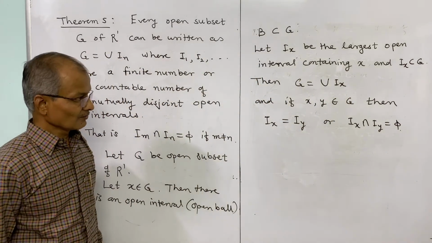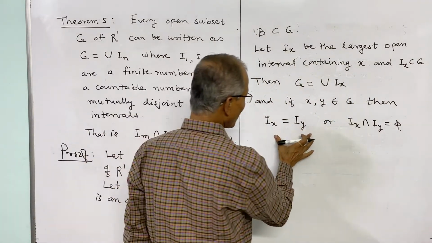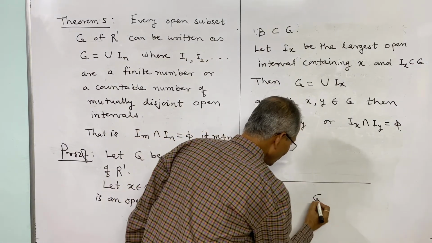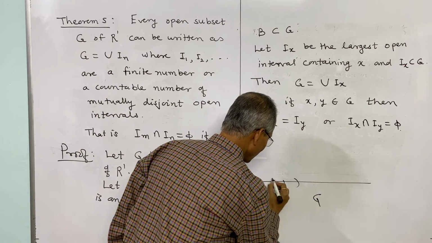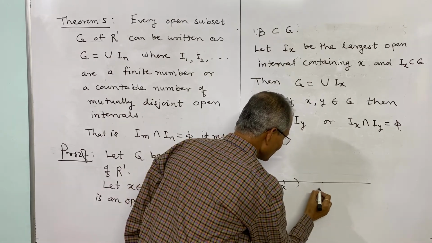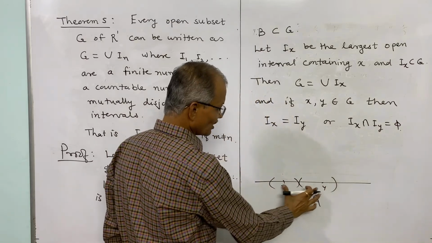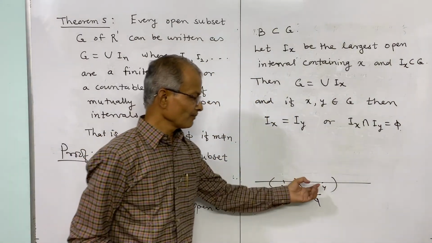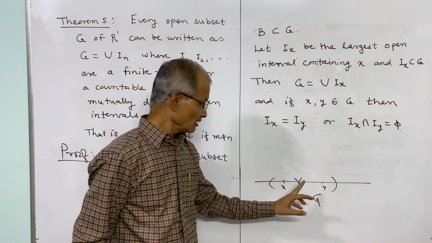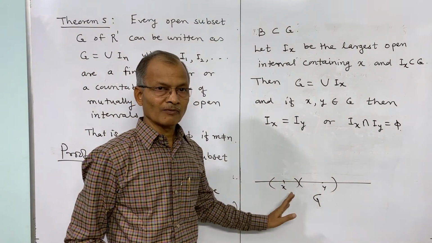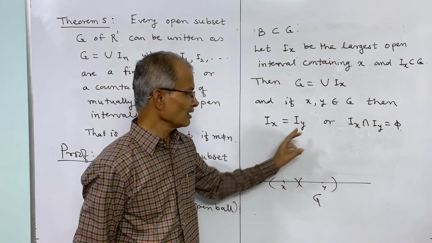So these two intervals are either equal or disjoint. Mutually disjoint means no point in common, and if one point is common, then they must be exactly equal.